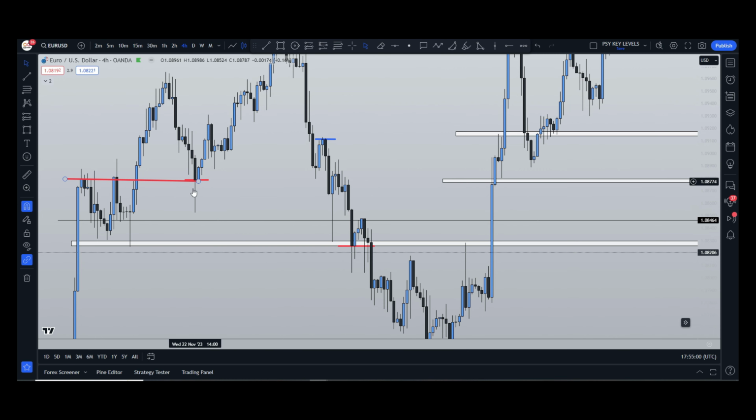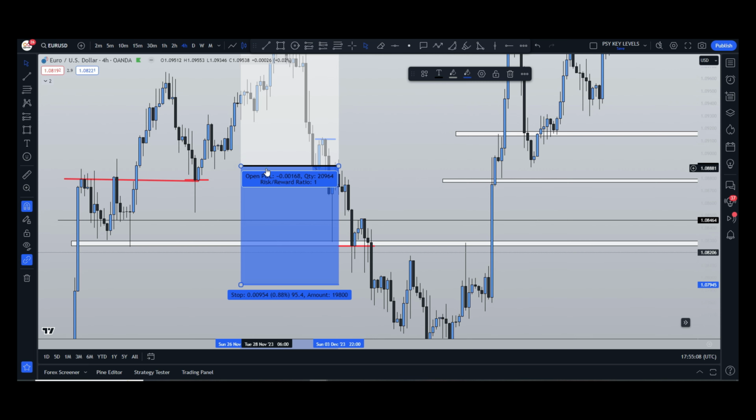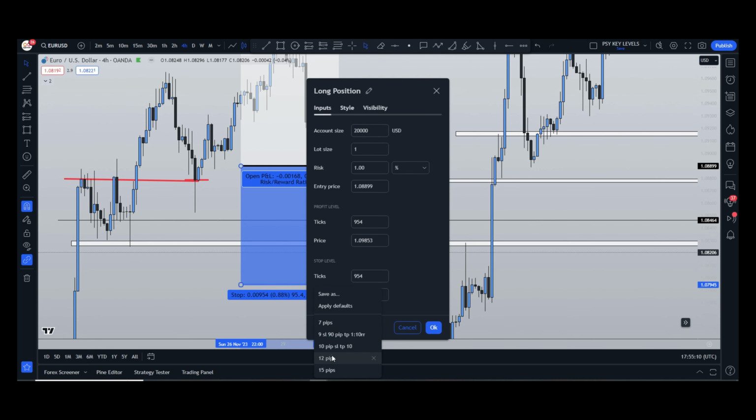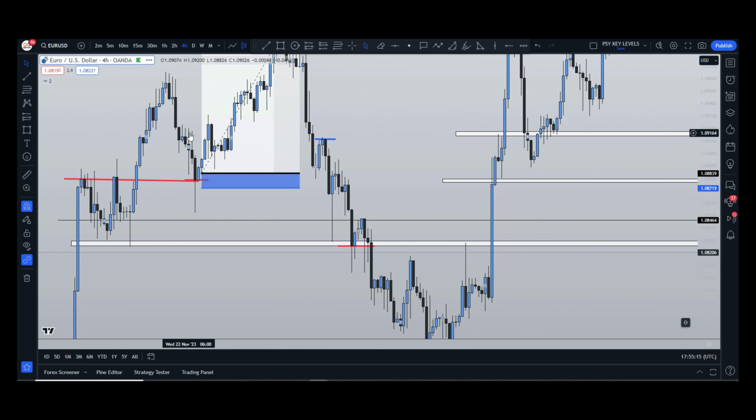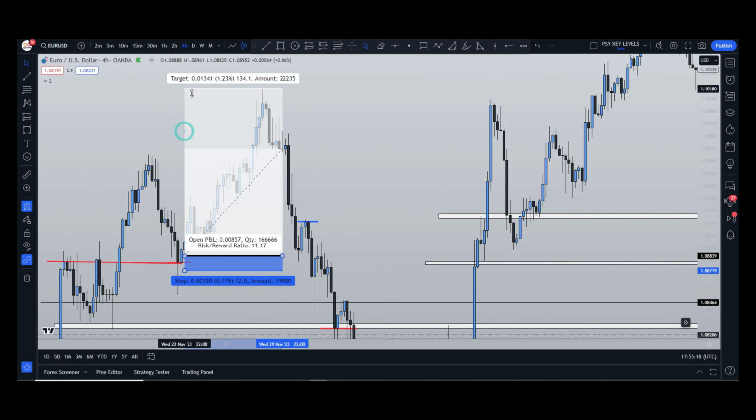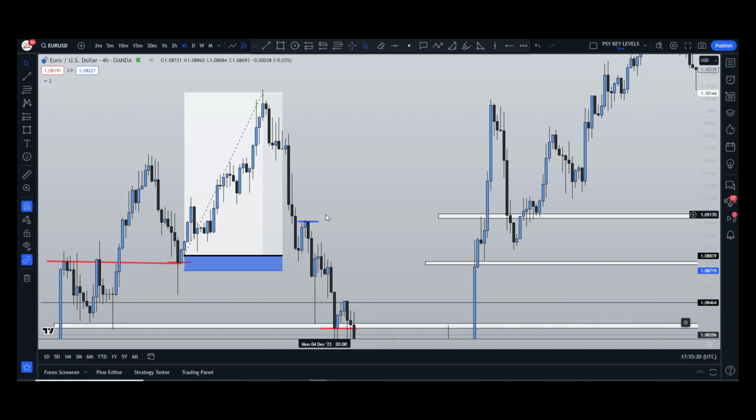Remember I said you look at this on an uptrend, so price comes down, and remember, 50% retracement always. Take the entry from here, and I like to have it around 12 pips. There you go, that's the new support. Look at this, guys, 1 to 10, almost 1 to 11.